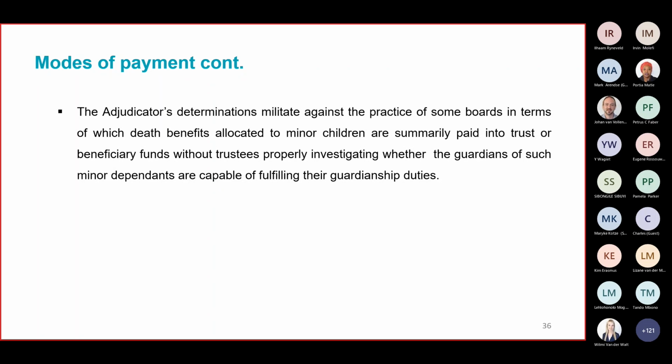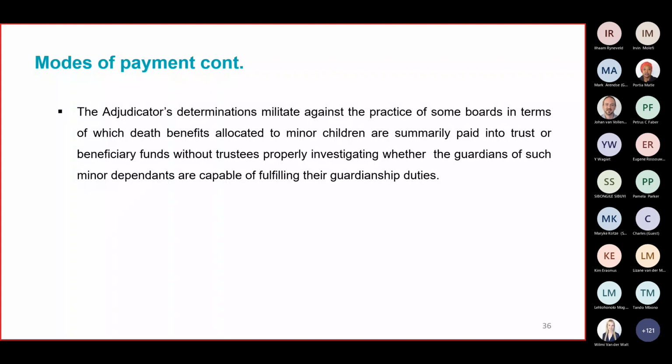But I think what the adjudicator may also be talking about in the determinations is the fact that some funds, when the benefit is over X amount, say the benefit is more than 20,000 or more than 50,000, make a decision that such benefit will then be paid into a beneficiary fund. You can't just make that decision.